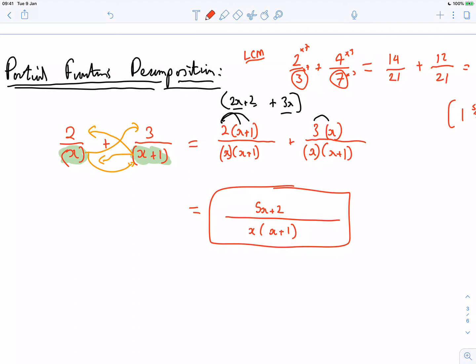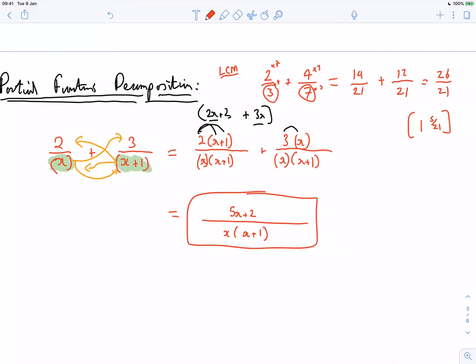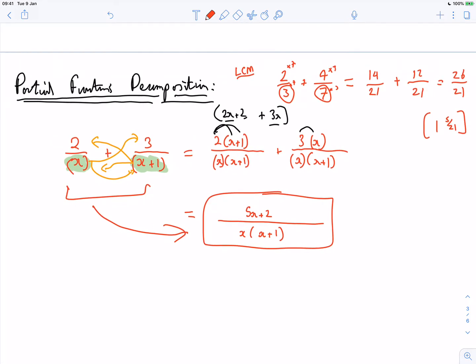Okay, so arithmetic with fractions goes from fractions that are separate to joining the fractions. Now, these fractions that are separate are what we call partial fractions. They're breaking it into parts.